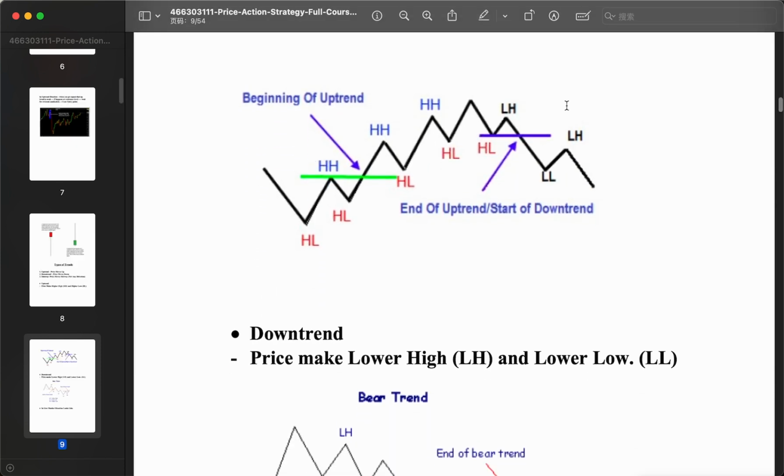So this is what the beginning of an uptrend may look like. You have the red one, higher low, higher low, higher low, and then you have higher high, right? It might look like a wave, and then you're going to see the price movement hitting a certain line, and that will be the beginning of the uptrend.